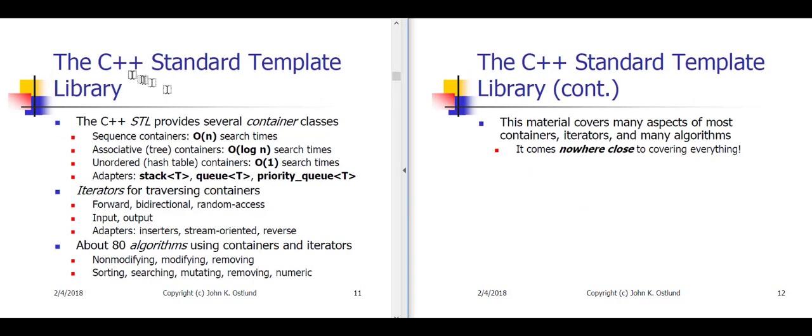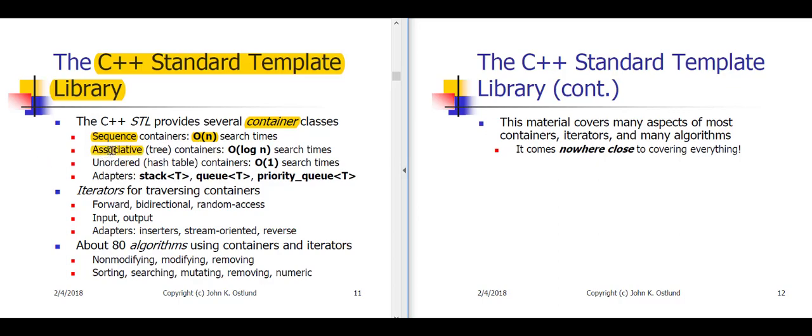So in the rest of this lecture, we're going to do an overview of what's called the C++ standard template library. This consists of 3 major components, and all of this is related to what's called generic programming. First of all, we have a large collection of different container types, namely sequence containers like vector and list, which, as we've seen, have order n search times.